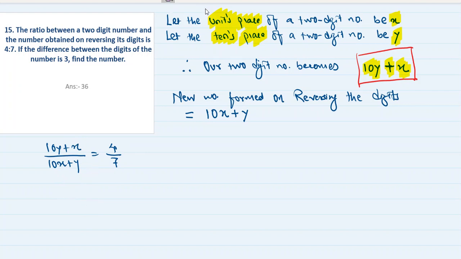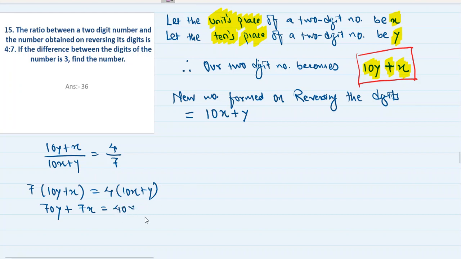Let me first simplify this ratio. So 7 multiplied by 10y plus x is equal to 4 multiplied by 10x plus y, and this will become 70y plus 7x is equal to 40x plus 4y.